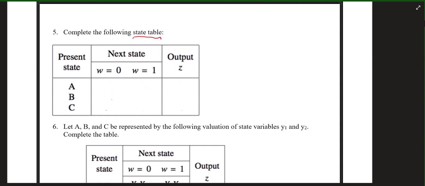Whenever W equaled 0, we always went back to A. When we were in state A and W equaled 1, we went to B. When we were in state B and W was 1, we went to C. When we were in C and we got a 1, we stayed in C. And our output was 0 for states A and B and 1 for C.